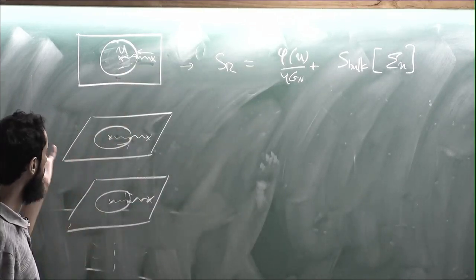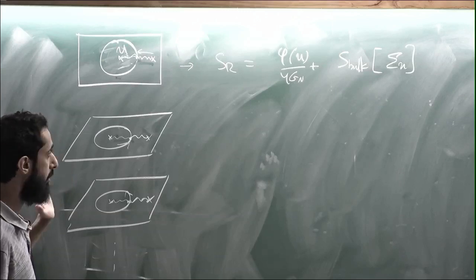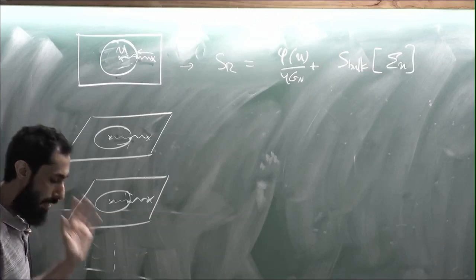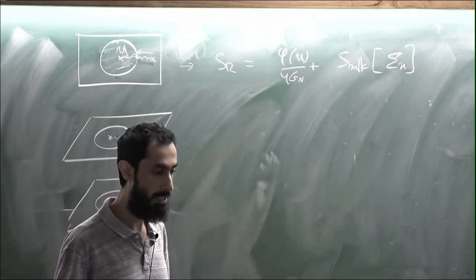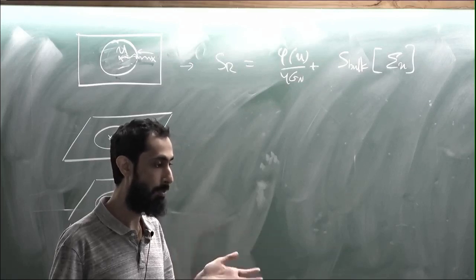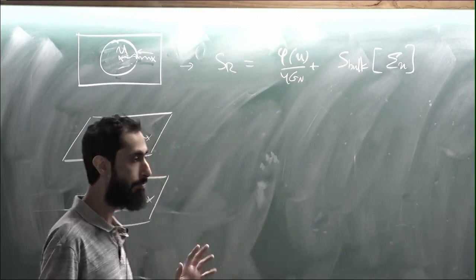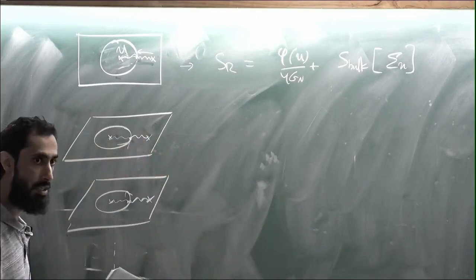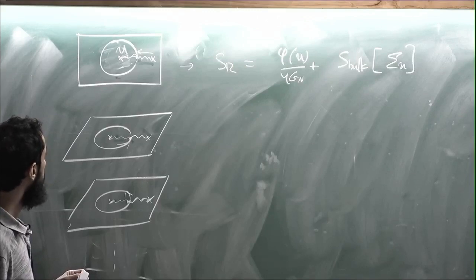And people have discussed something similar to this. I'm just emphasizing that this set of steps that I've outlined is what, for example, Lewkowycz and Maldacena and Dong used to prove the generalized entropy prescription. What does this look like as a function of time? It's constant.